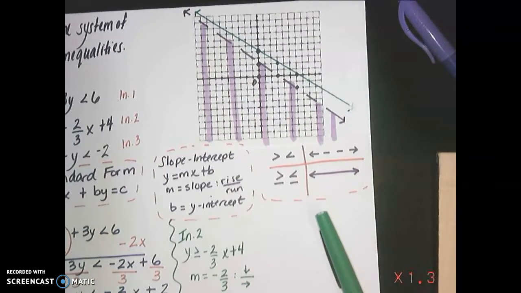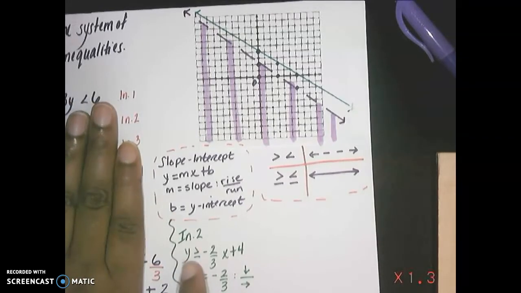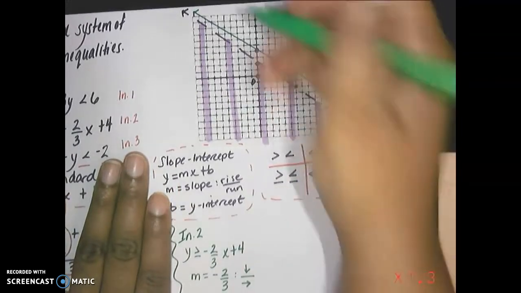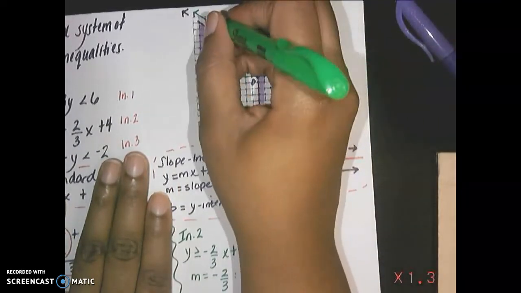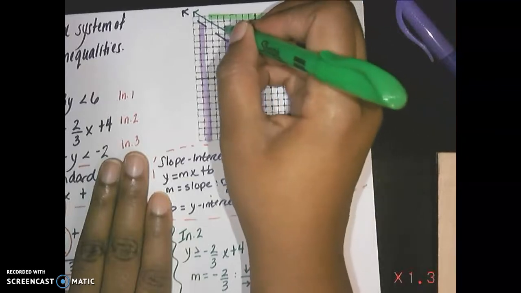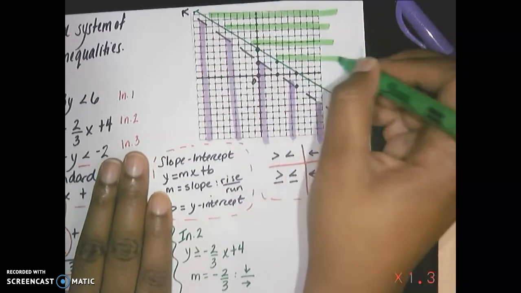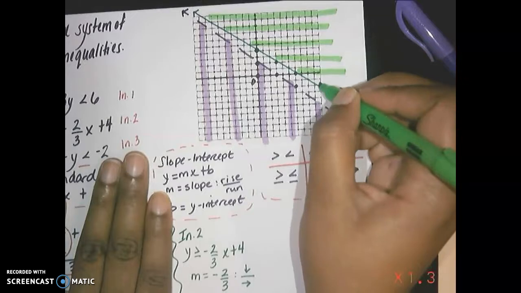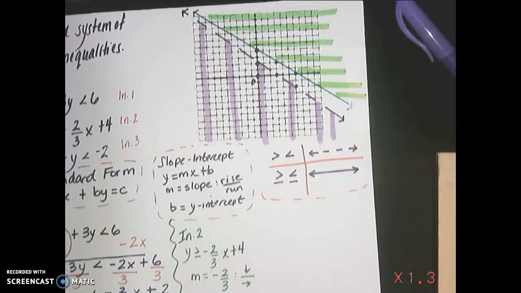You draw them the best you can on your paper, and I'm drawing them the best I can on mine. So here we go. We are greater than or equal to, so for the solution I'm going to draw these horizontal. Greater than is over here, this is where things are greater. Do the best you can with what you got, folks.